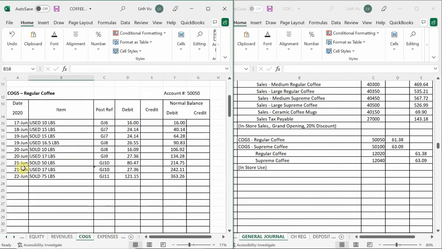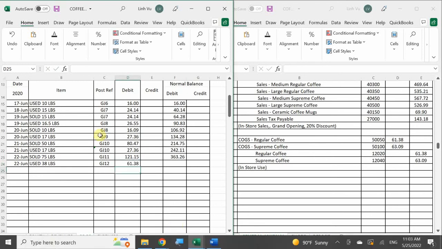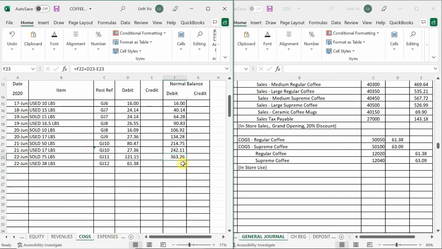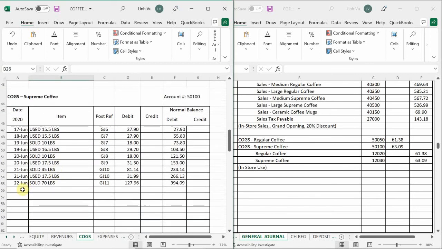I ended up using 38 pounds for $61.38, which yields a total of $424.64. That's how much it cost me in grand total.